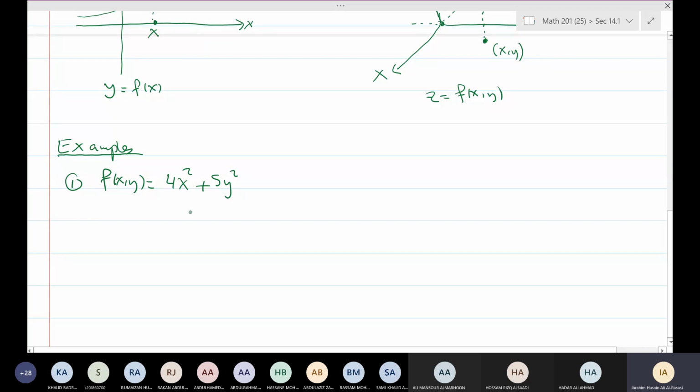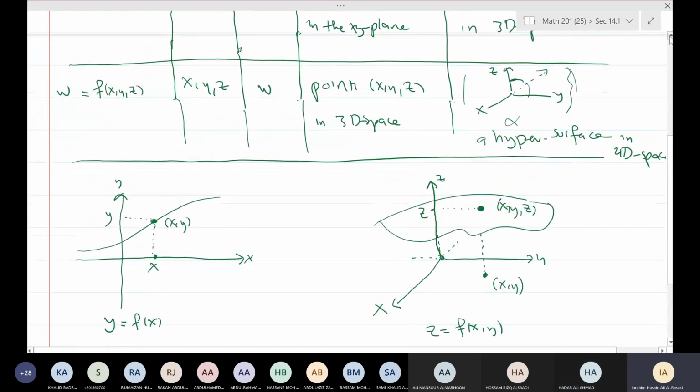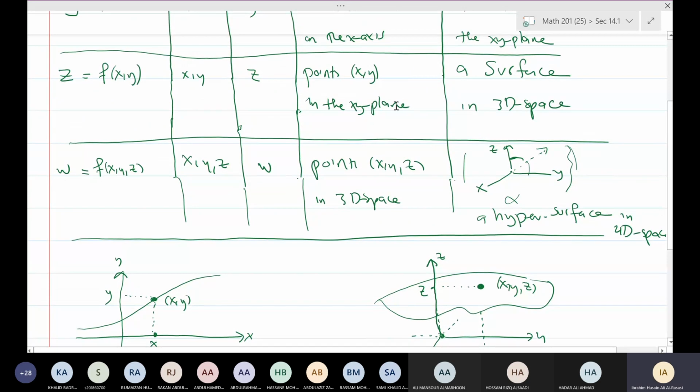The first question, domain. What is the domain of this function? It is the set of points x, y in R2. Always remember, the domain for functions of 2 variables will be points x, y in the xy plane.